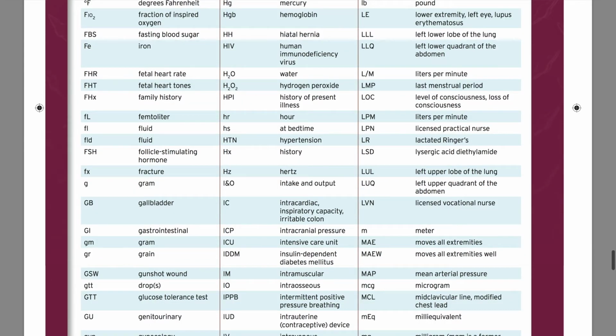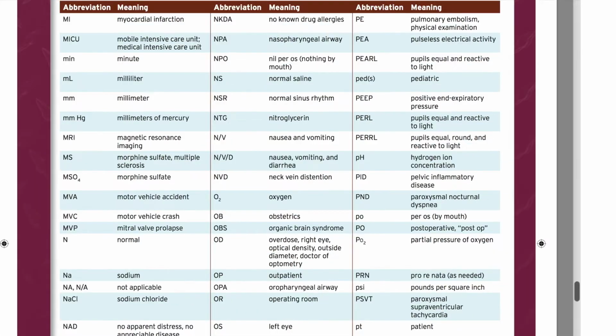Language rules for building medical terms. Rule 1: When combining two combining forms, you keep the combining form vowel. Rule 2: When combining a combining form with a suffix that begins with a consonant, you keep the combining form vowel. Example: gastroenterology is the study of the stomach and the intestines.